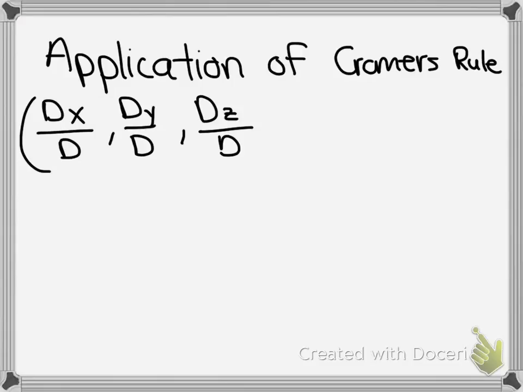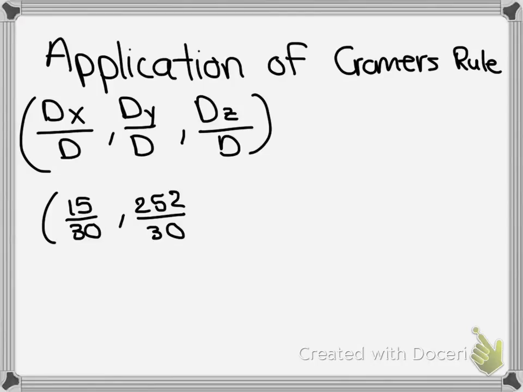So in my problem, the D is 30, so all of the denominators in my equation will have 30. So the first one will be 15 over 30. The second one is 252 over 30. And then the third one is negative 48 over 30.